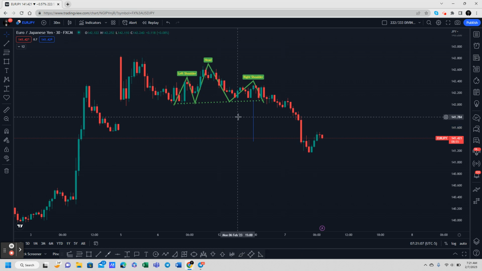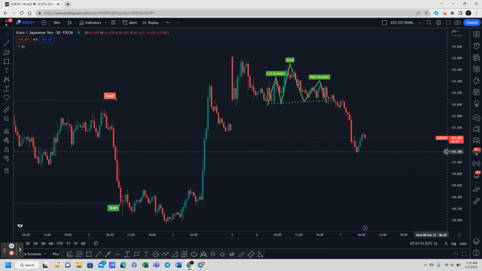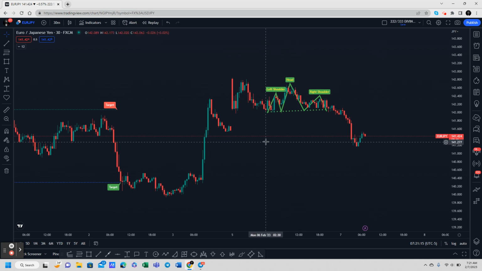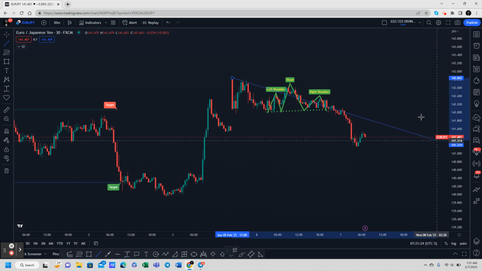Now, we did say that this trade could go either way because of some other things that could be shaping up. For instance, if we take off all the head and shoulders stuff, you possibly could have been looking at something like this.